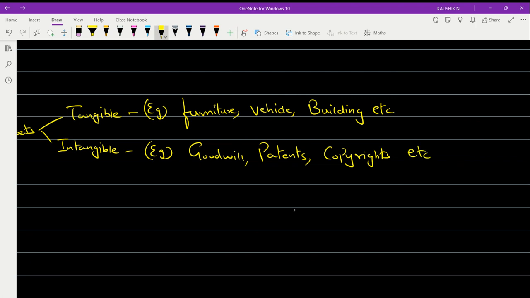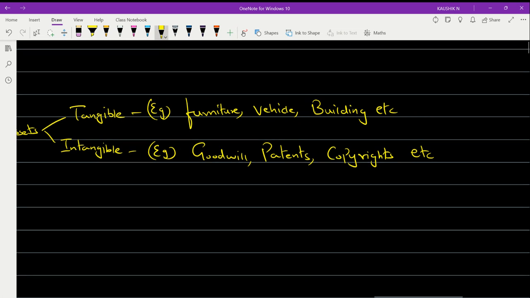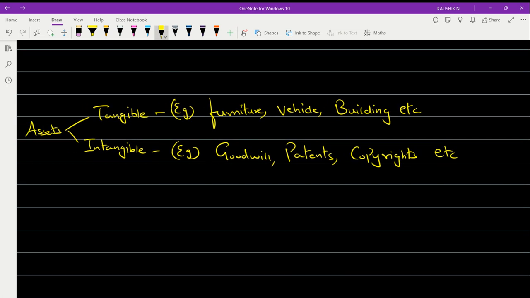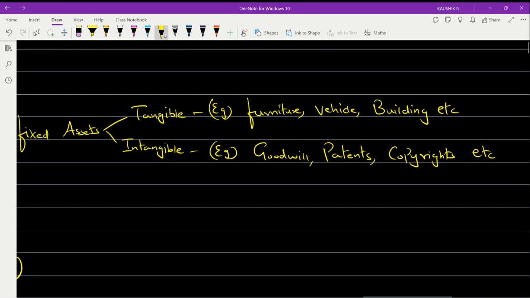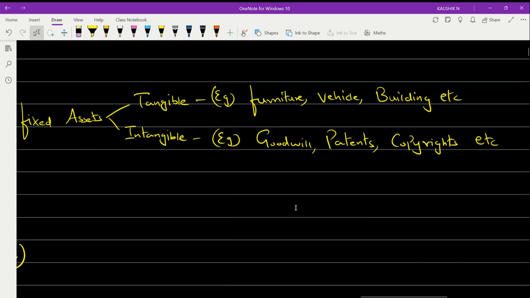That's what you learn in the goodwill chapter. When you learn the goodwill chapter under the partnership concept, you will come across purchased goodwill and self-generated goodwill. Purchased goodwill arises when you are going to take over someone's business.